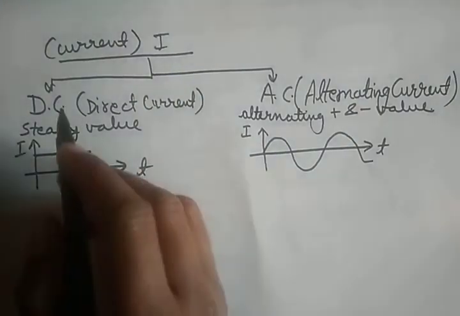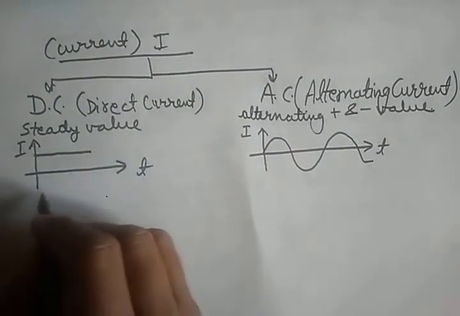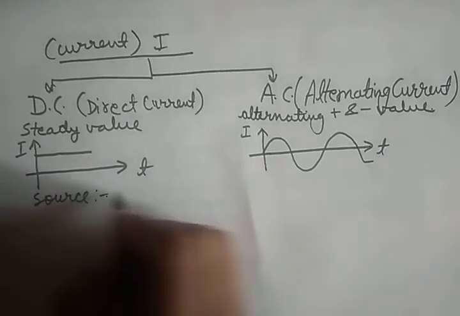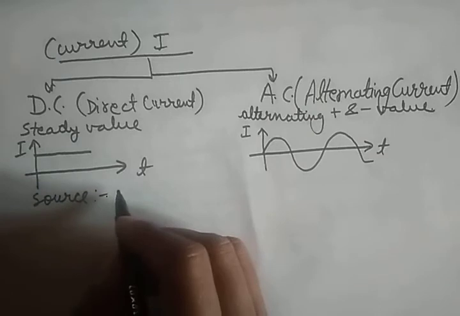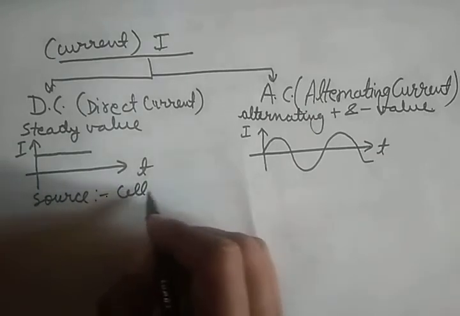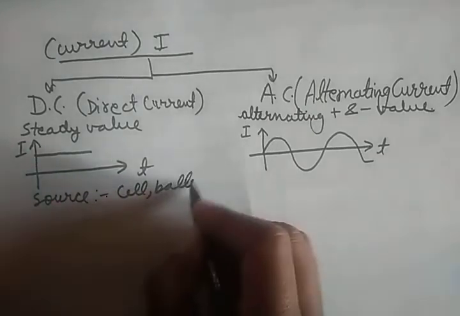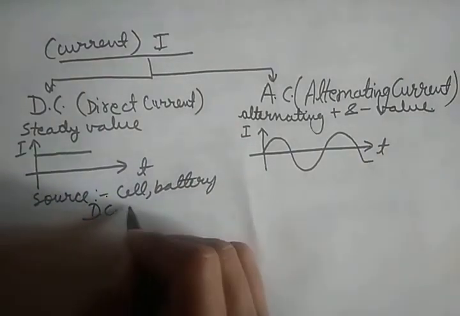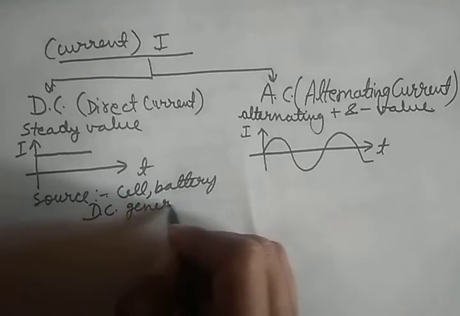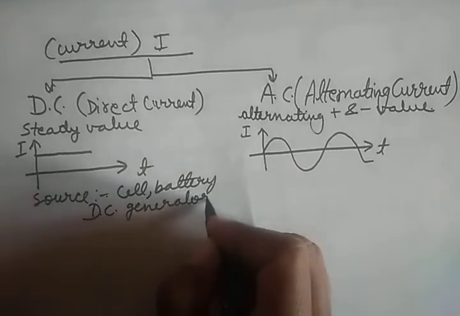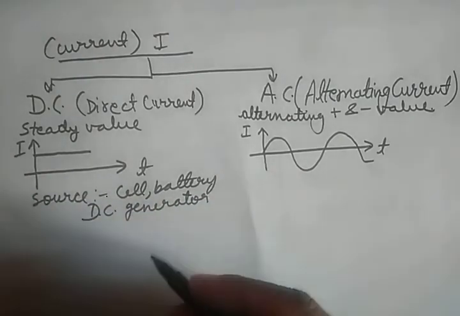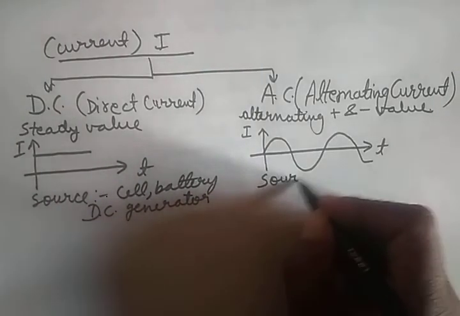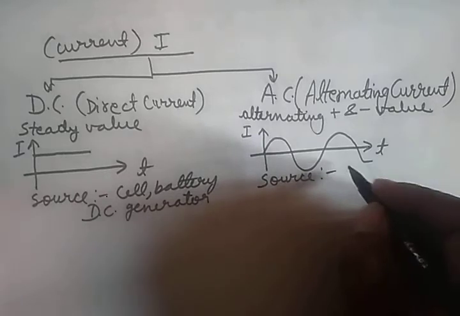Steady, this direct current, its source is cell, battery, and DC generator. There is a DC producing generator also. Its source is only AC generator.